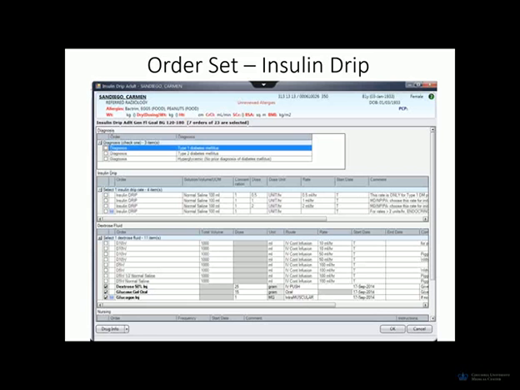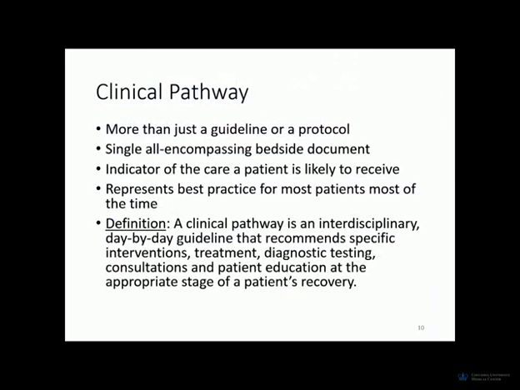And then below that, I can then determine what the fluid is that will be part of the drip. And there's some pre-selected entries. So here it allows me to not have to hunt and peck and look for things, one-stop shopping to put together a rather complex order for an insulin drip.